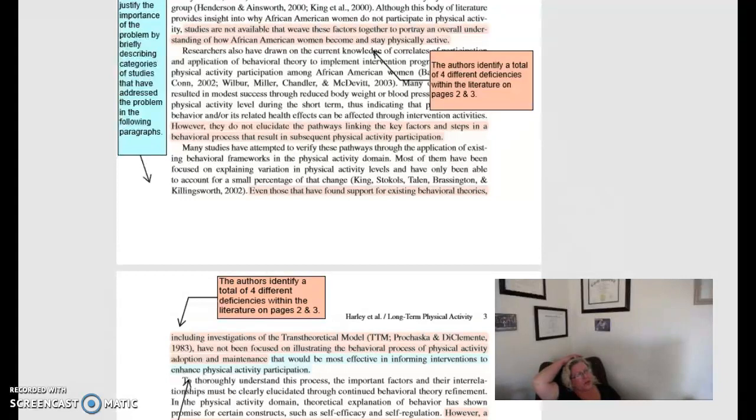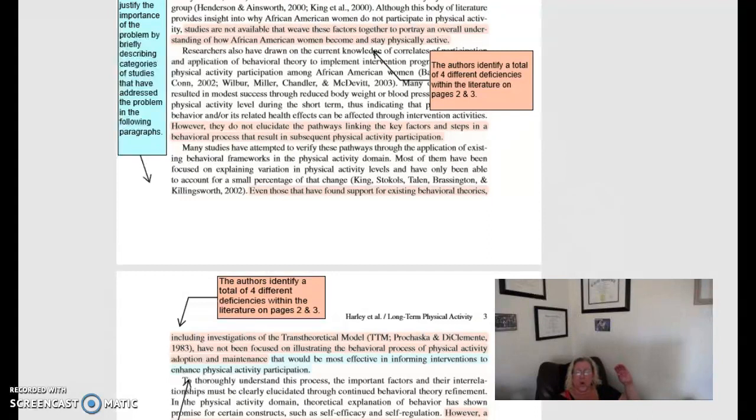Well, you cannot say the problem is XYZ and then say the purpose of this study is to determine ABC. Do you see what I'm saying there? It must be: the problem is XYZ. The purpose of this study is to determine XYZ.